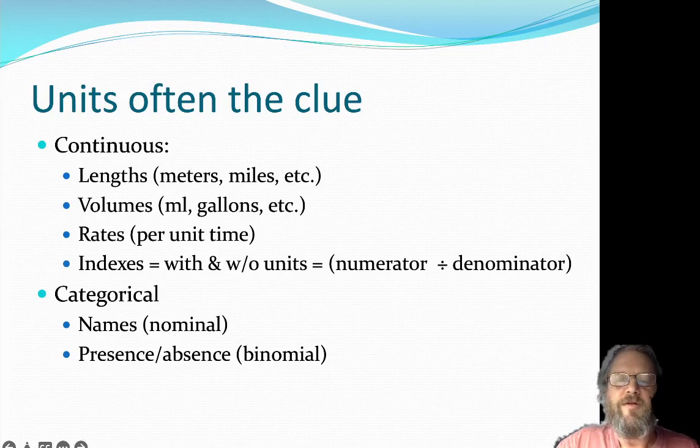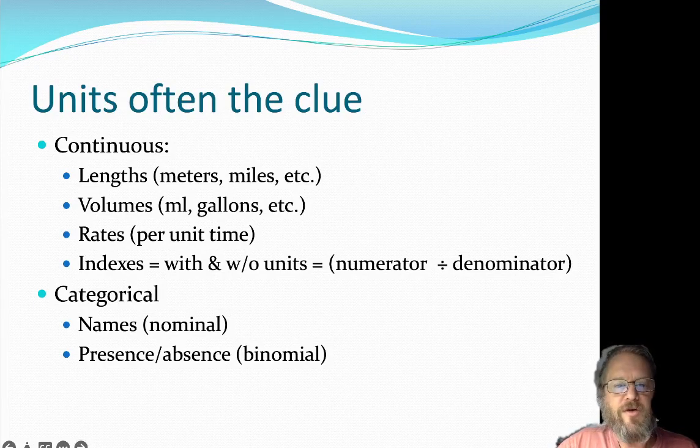Rates, instantaneous rate, no movement whatsoever, so the time is 0. Indexes, okay, where you combine different numbers or measures, often end up not having units if they're the same kinds of measures, a numerator versus denominator kind of thing.